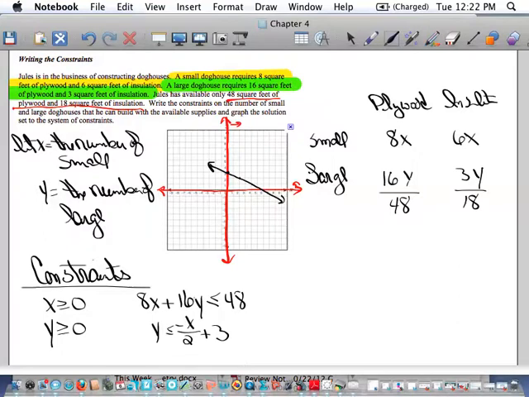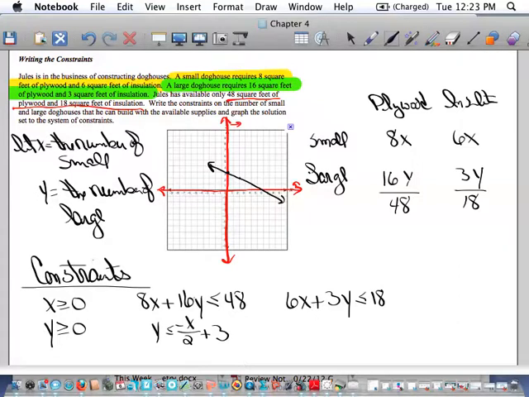The next line is going to be insulation. So 6 square feet of insulation times the number of small dog houses he builds, plus 3 square feet of insulation times the number of large dog houses he builds. And he's limited to only 18 square feet of insulation.